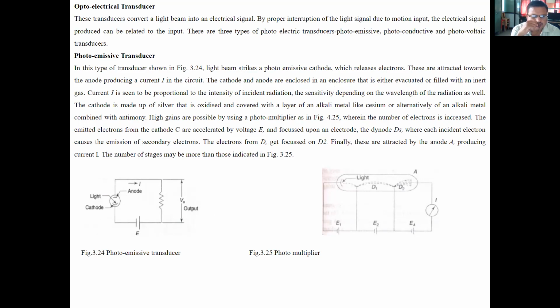The cathode is made of silver that is oxidized and covered with a layer of an alkali metal like cesium, or alternatively of an alkali metal combined with antimony.